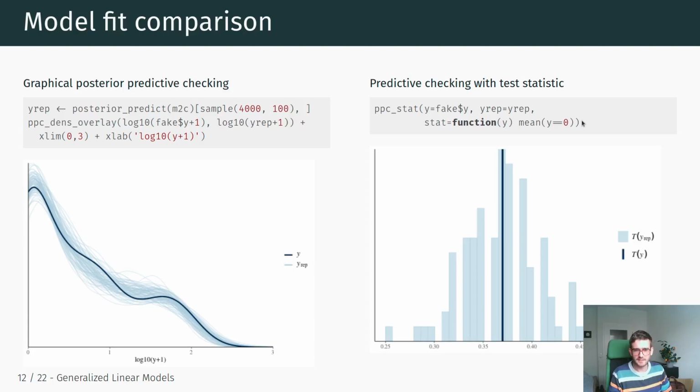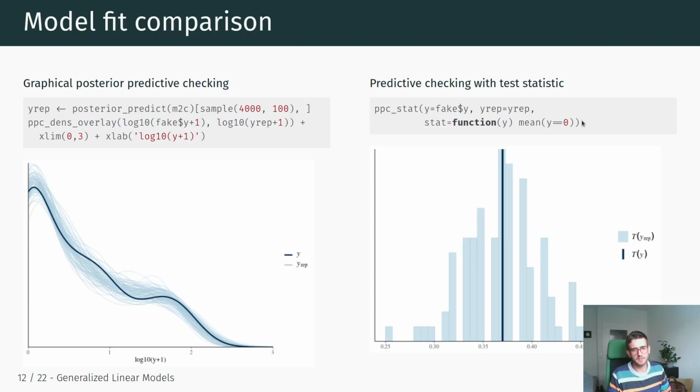In cases like that, we need to expand our model and use something called a zero inflated Poisson or zero inflated negative binomial, where we additionally take into account that a lot of observations just remain zero, and then separately model the number of events conditional on it not being zero.